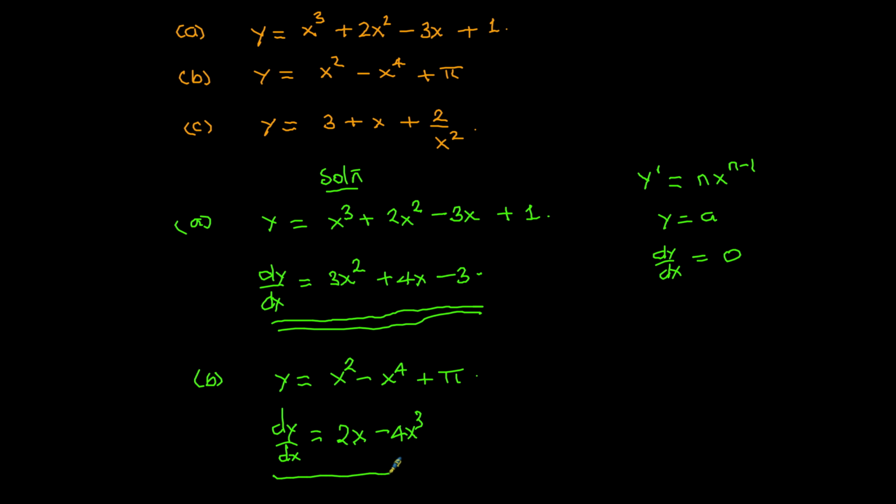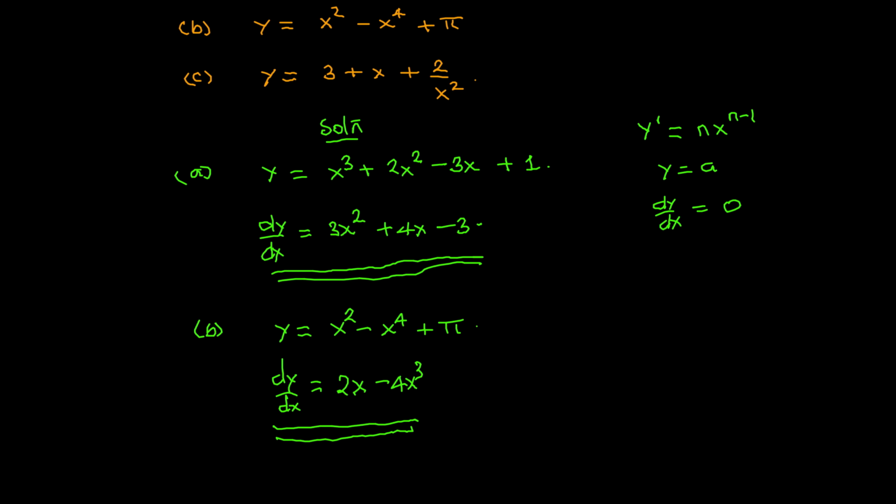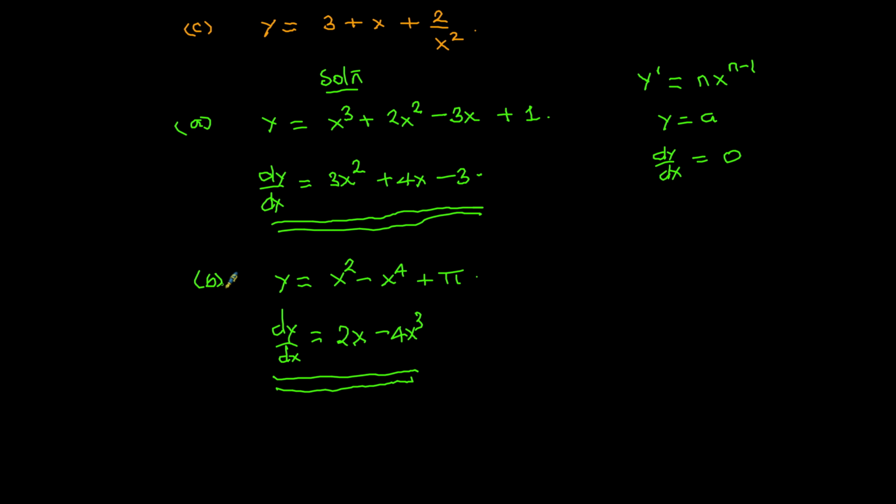And pi is a constant, just like this positive 1, meaning it will also vanish to 0, and we shall just simply be left with 2x minus 4x to the power of 3 as our solution, or the derivative of that function y.